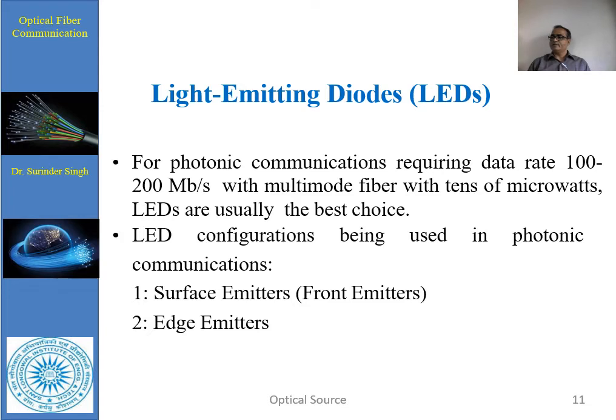Now, an LED structure which is used for fiber transmission applications has a high radiance, fast response time and high quantum efficiency. High radiance is basically the brightness, measured in watts of optical power radiated, meaning the source looks equally bright from any direction.